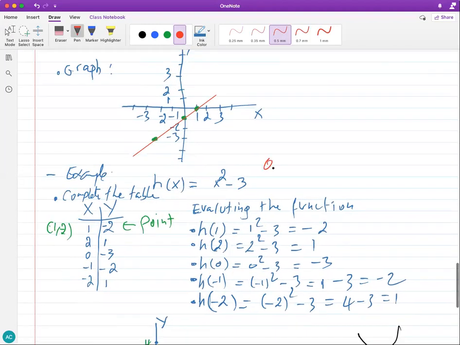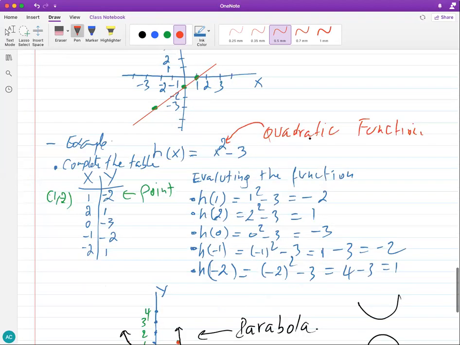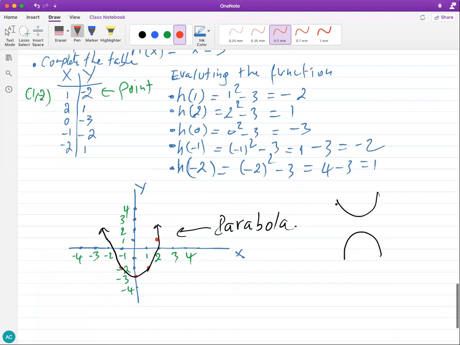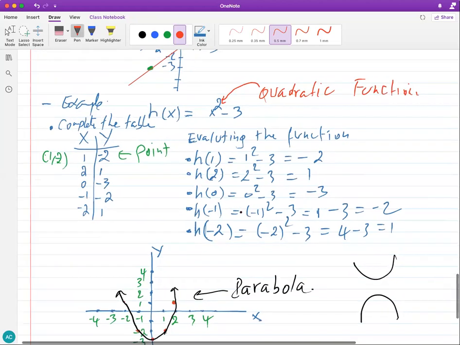This is what we call quadratic, because of the power 2. And the graph, again, will always be a parabola, up or down.